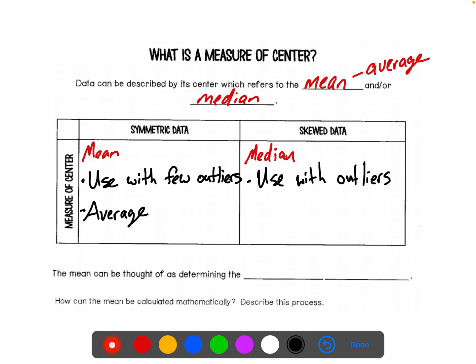All right, so for the next blank, the mean can be thought of as determining the fair share. Okay, now what that means, I think the best analogy I can give you is think of a giant cooking cauldron in the center of the room.